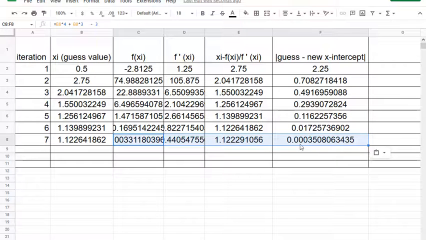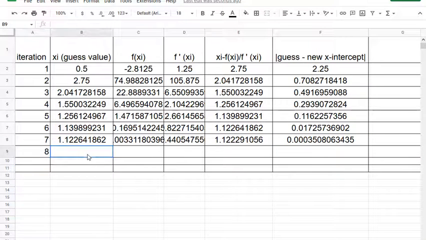The difference is getting better, but it's still too large, so we'll go to iteration 8. And then the guess value will be the last iteration's x-intercept, which is E7, so this is E8. And so we click on that, and then copy.